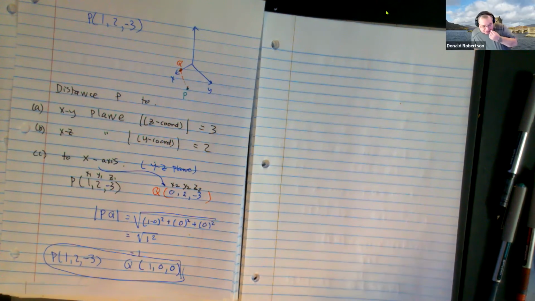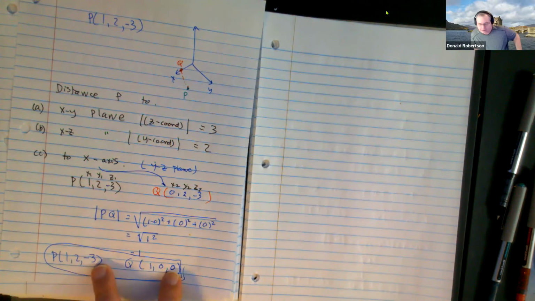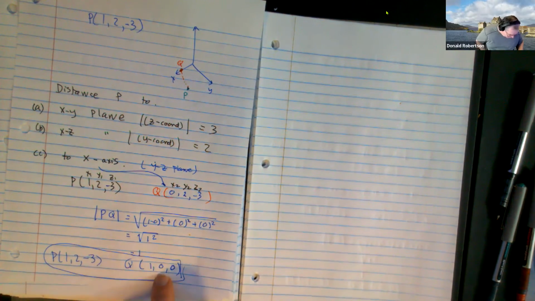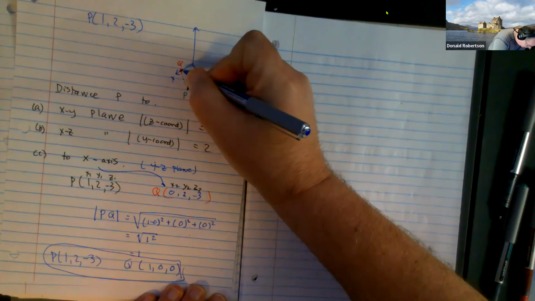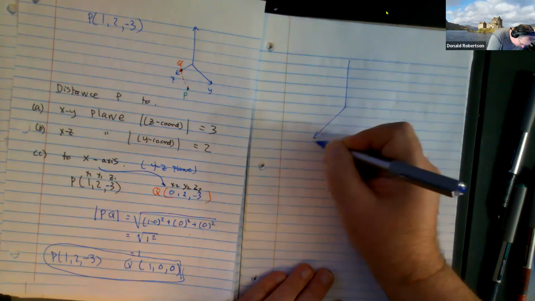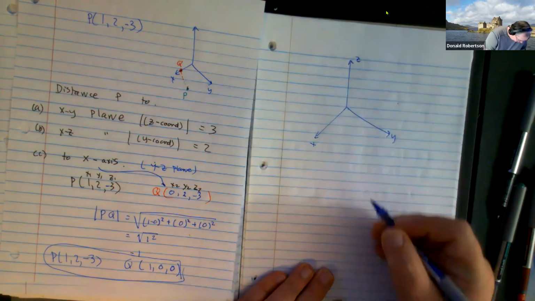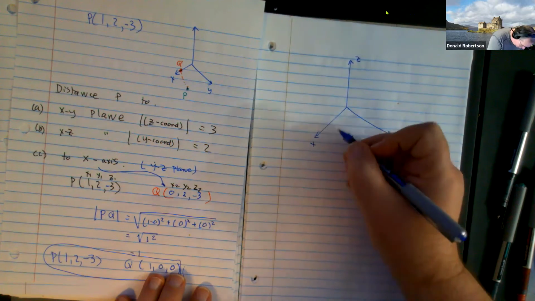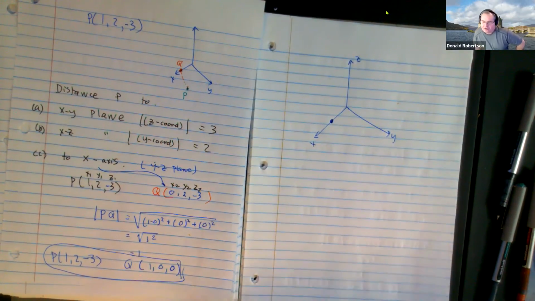Now, it does have symmetry to it, but the symmetry is that you keep the x's the same and the other two are 0. If you plotted this point, wouldn't it be 1 in the x, 0 and 0? Right. Can I draw that again? There is the x-axis. Here is the y-axis. Here is the z-axis. If I plotted the point 1, 0, 0, wouldn't that be the point that is on the x-axis?